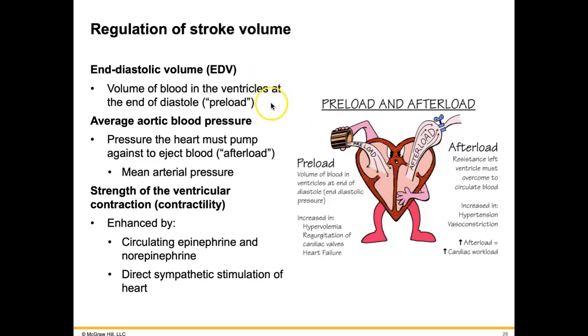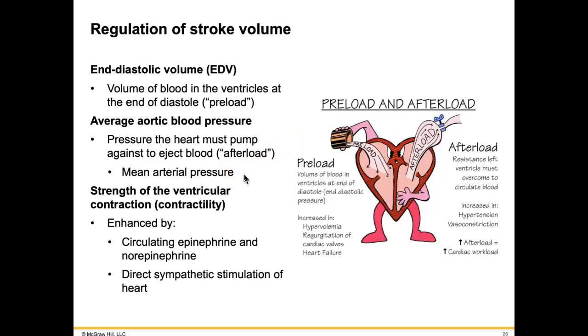So that volume is at the very end when we've got all of that blood in the ventricles. And our average aortic blood pressure is going to be that pressure that the heart has to pump against in order to eject the blood. And that is also called our afterload and is represented by our mean arterial pressure.